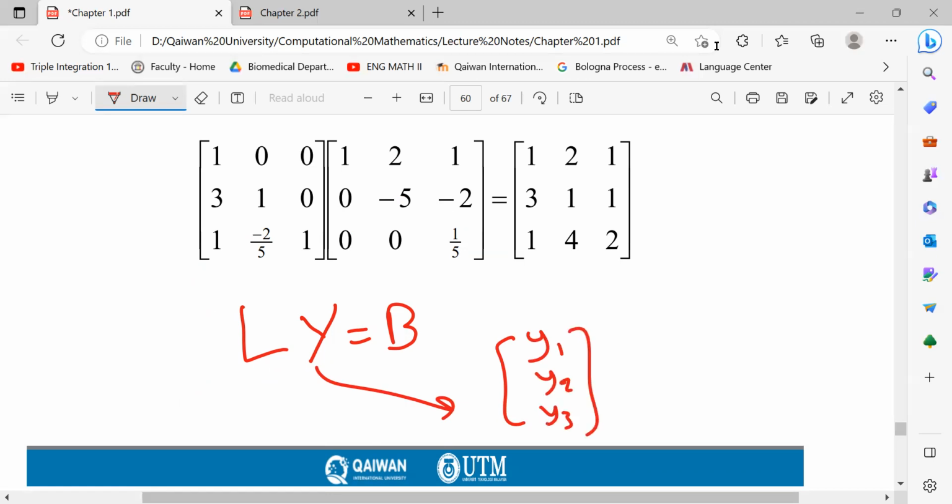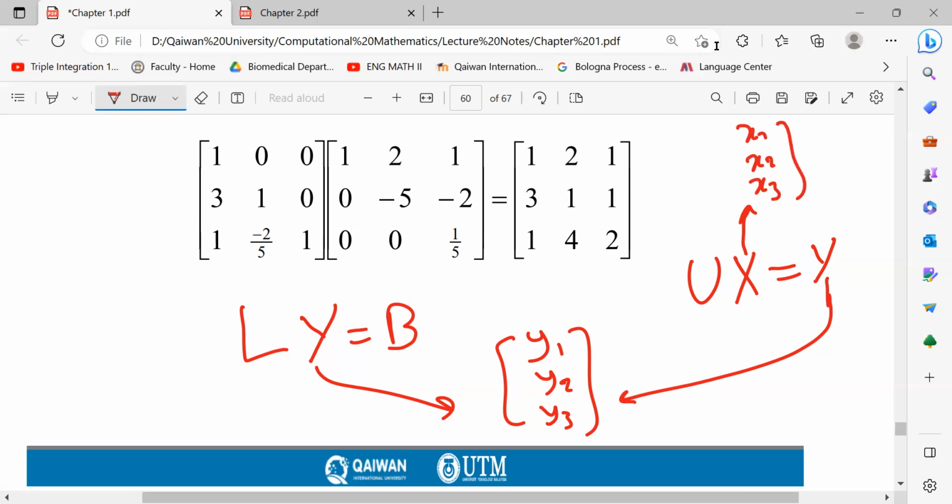After finding these, we say U times X equals Y, where Y is this column vector and X is X1, X2, and X3.